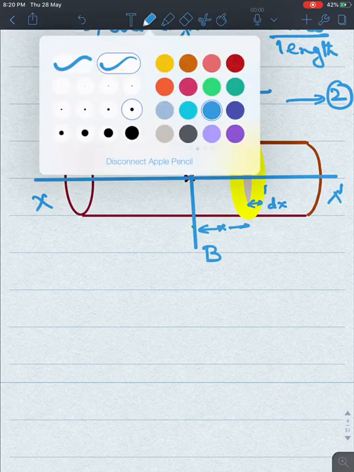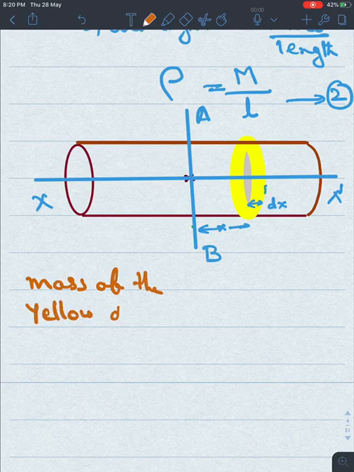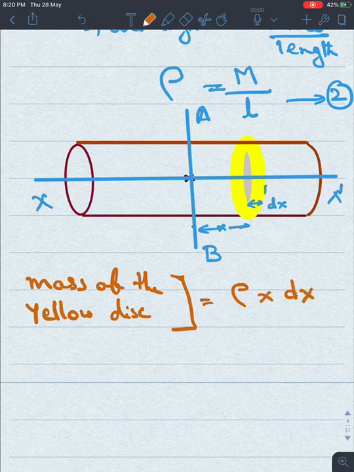Therefore, what is the mass of the yellow disc? Mass of the yellow disc is equal to mass per unit length times the thickness dx. We'll put it as equation 3.